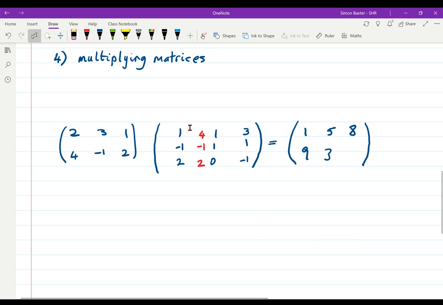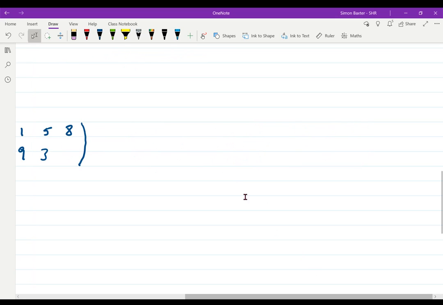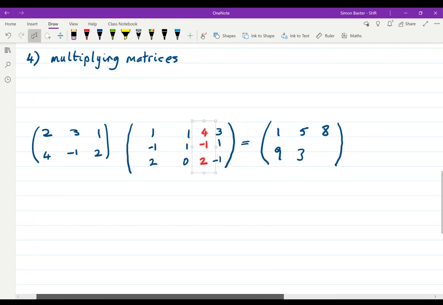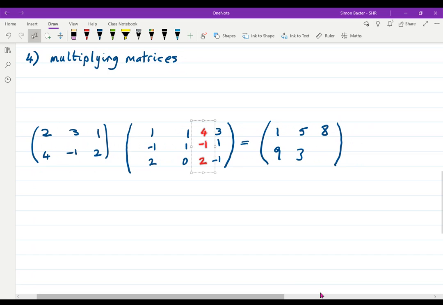And moving it along to the end, we get 4 times 3 is 12, minus 1 is 11, minus 2 is 9.